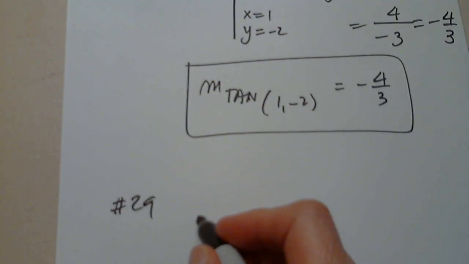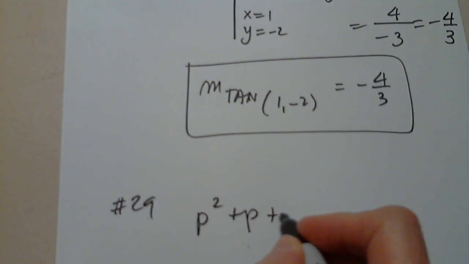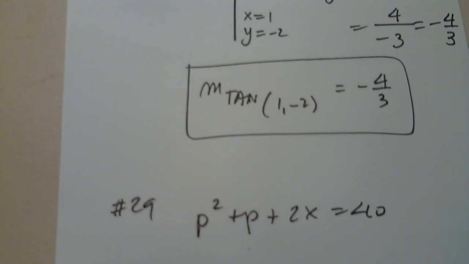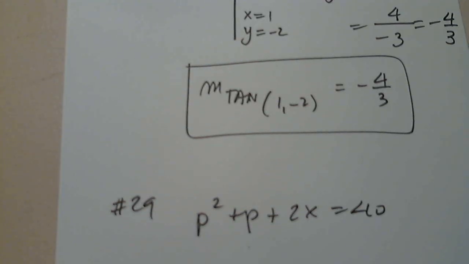And in 29 we have p squared plus p plus 2x equals 40. For this equation, I am able to find an expression for p, but it will be terribly looking. But you don't want to differentiate something like that.